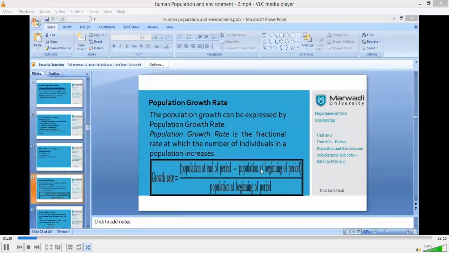So I can say that the value is coming out to be 0.33. I cannot say that this is the growth rate, I need to multiply it by 100. When I multiply it by 100, I get 33.33. So 33.33 percent is the population growth rate for that particular period, which is tremendously high.